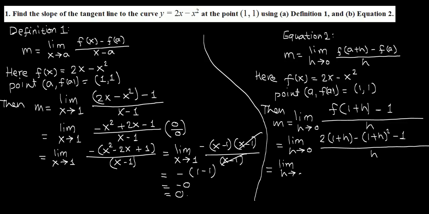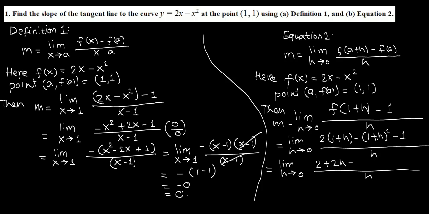The limit as h goes to 0, h on the bottom. So distribute: 2 times 1 is 2, plus 2 times h is 2h, so 2 plus 2h minus (1 plus h) quantity squared. We want to multiply 1 plus h by itself, just FOIL.